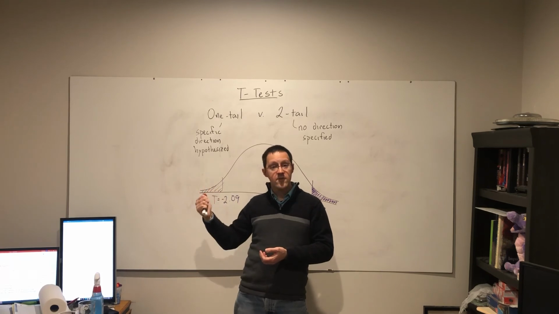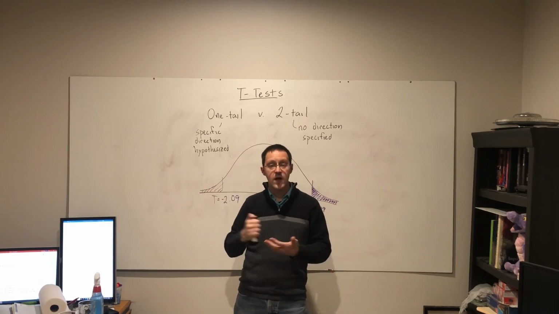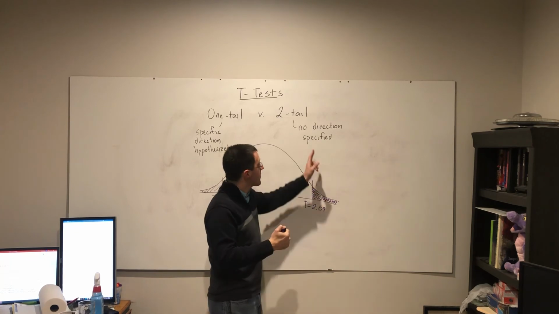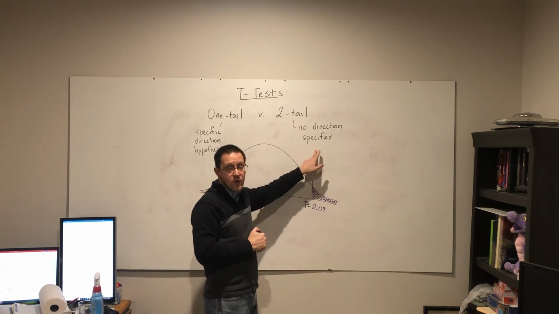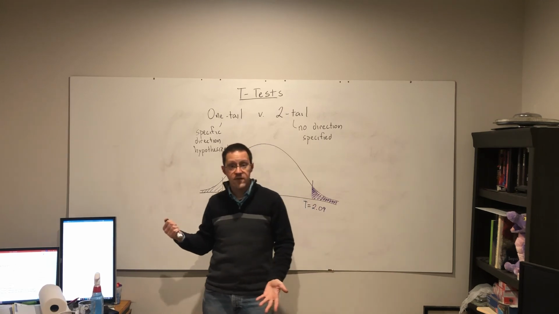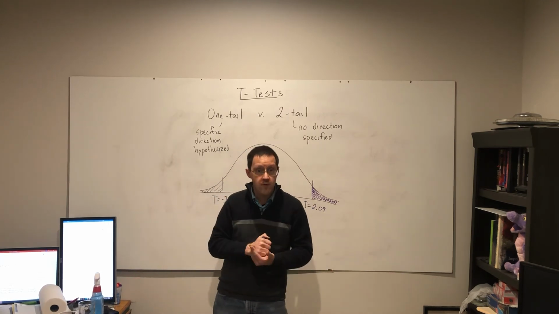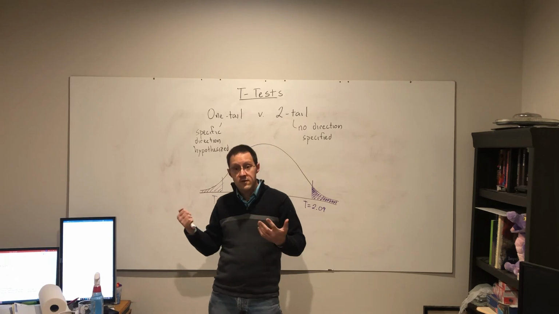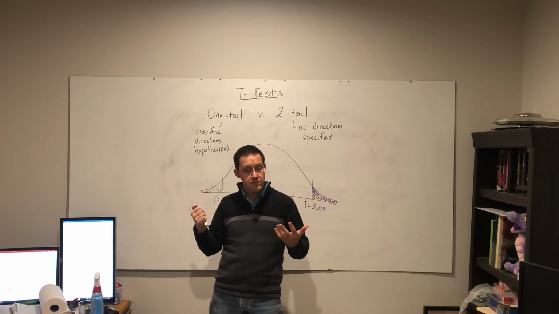That effect could be positive, that effect could be negative, I'm not specifying, therefore, I want a two-tailed test to see if this particular legislative session is affecting the unemployment rate. So there we have more summary of t-tests.